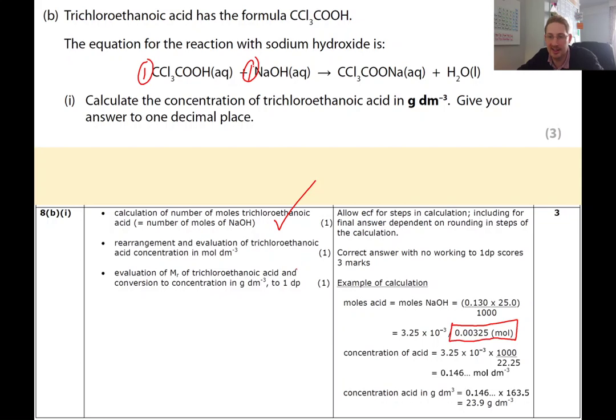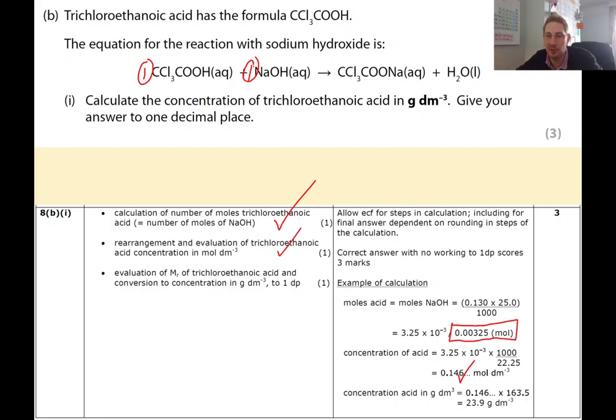Once we've worked that out, as is standard in a titration question, we then work out the concentration of the unknown. Concentration is moles over volume, again not forgetting the factor of 1,000, to get 0.146 moles per decimetre cubed. Finally, we've got to convert that into grams per decimetre cubed.